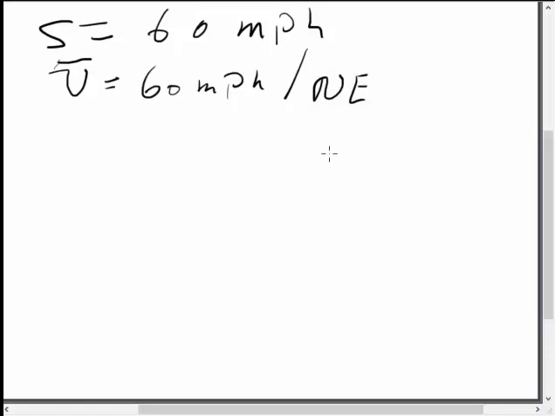So speed is 60 miles an hour, but the velocity vector is 60 miles per hour plus the direction northeast. Now, typically we don't worry too much about specifying northeast, northwest, southeast, southwest for directions.